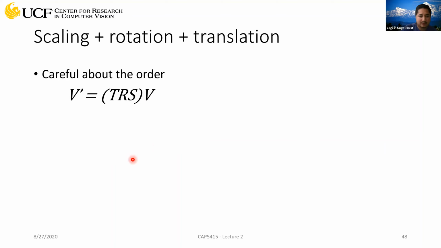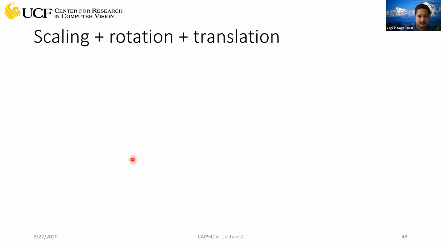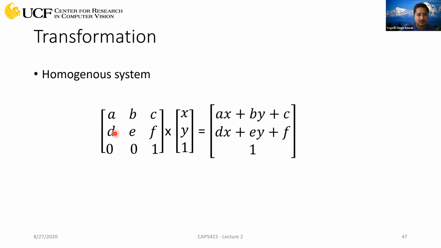If you look at the matrix which we are getting, let me go back. D and B are 0, so you can easily ignore these two numbers. A and E are 1, so you just get x and y. So if you have ones along the diagonal and zeros here, and just C and F, then you will get a plus c and d plus f. So that's your translation matrix.